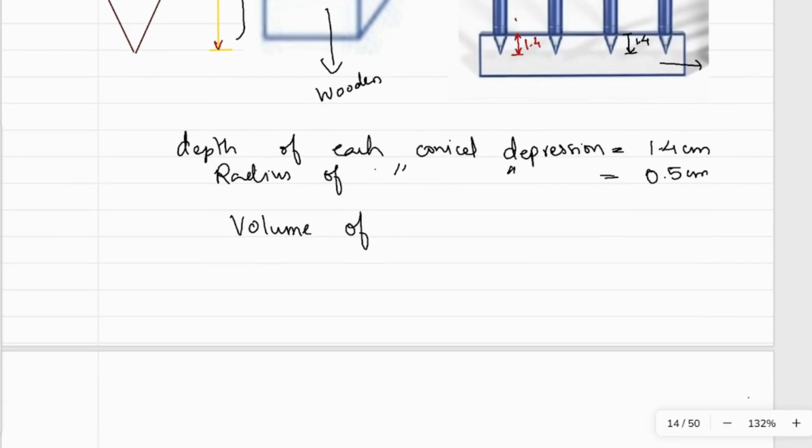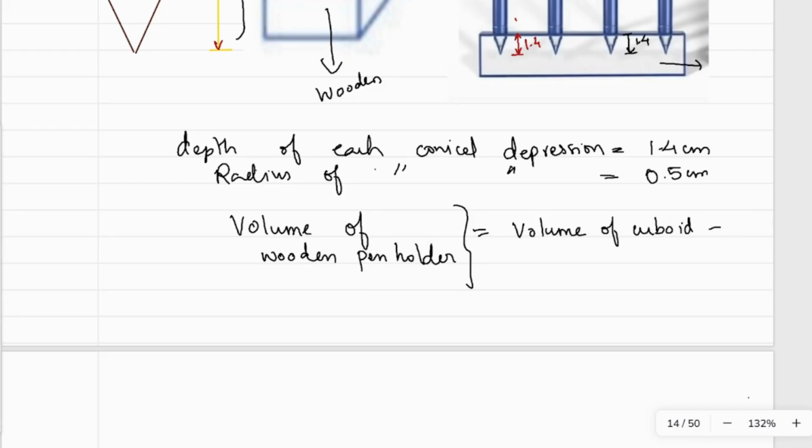So the volume of the wooden pen holder will be equal to the volume of the cuboid. From there, we have to reduce the volume of the holes. How many such holes are there? 4 holes are there, and the volume of a single cone.